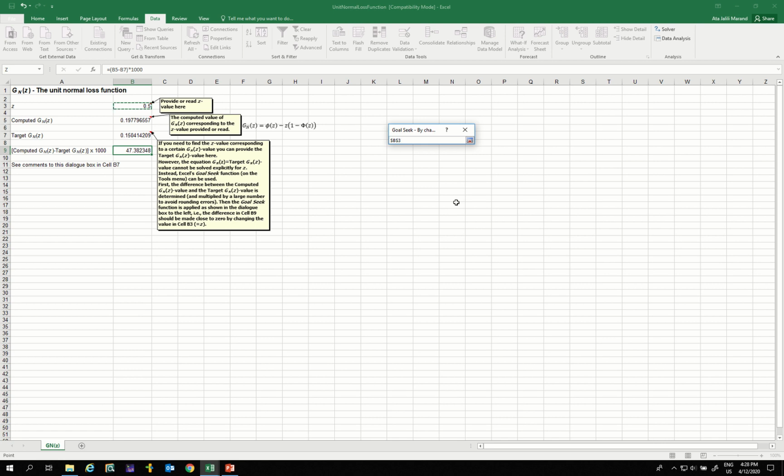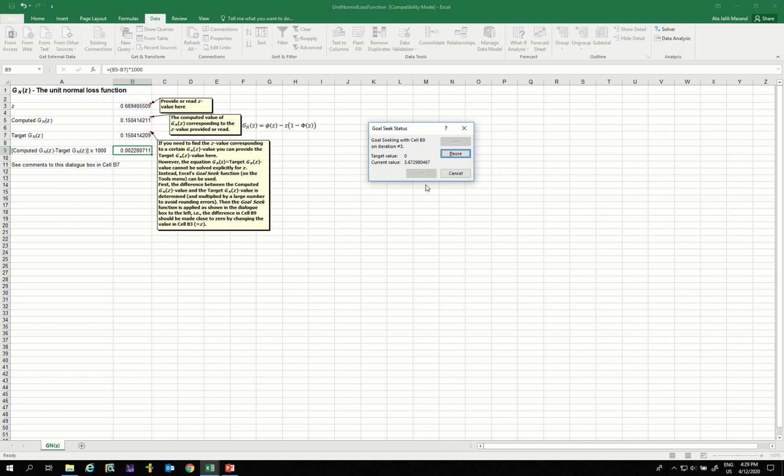After pressing OK, Excel will change z values here, compute the Gn of z, compare it with the target Gn of z, and see how big the distance between these two values is. If the difference is sufficiently close to 0, it will stop the calculations and return the z value.